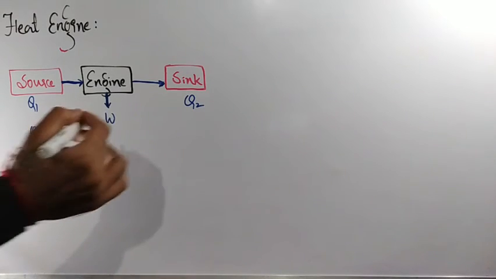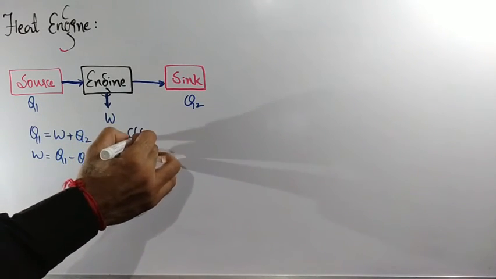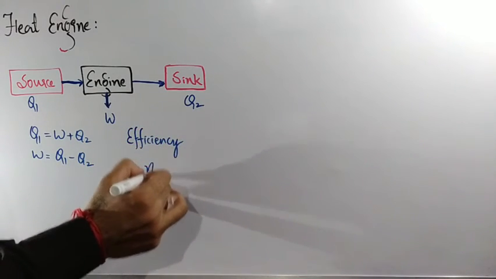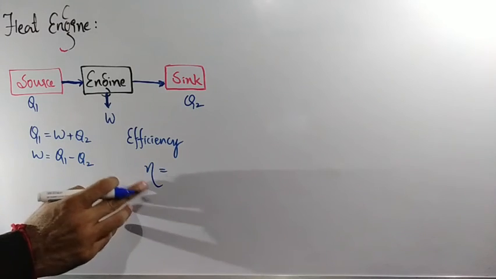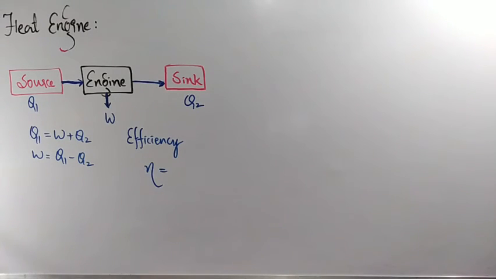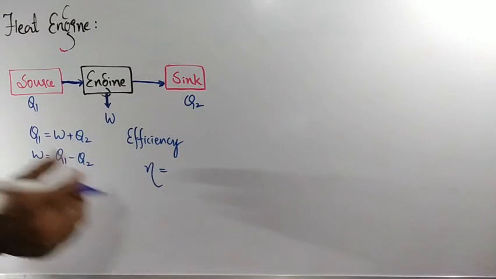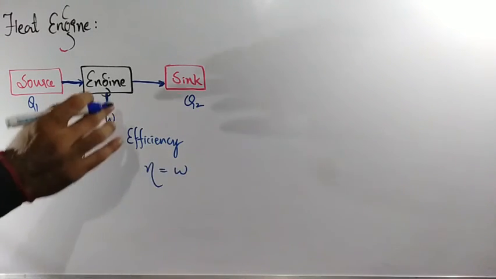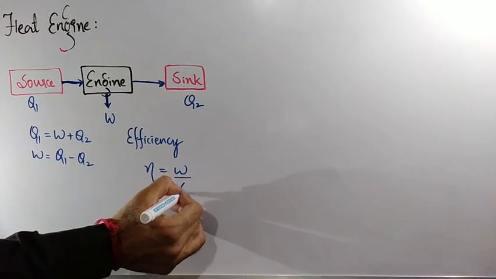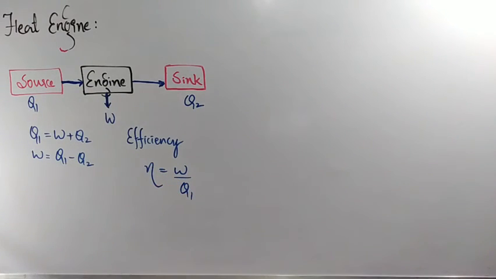Now, if we want to check the efficiency of this engine, efficiency is given by eta. This letter is not N; it is treated as eta. Efficiency is the output work, how much this engine is giving, which is W, divided by how much heat we sent as input, which is Q1.